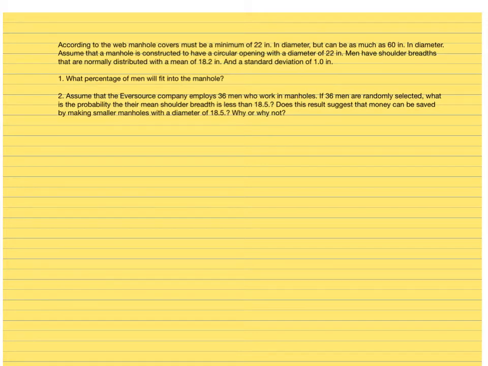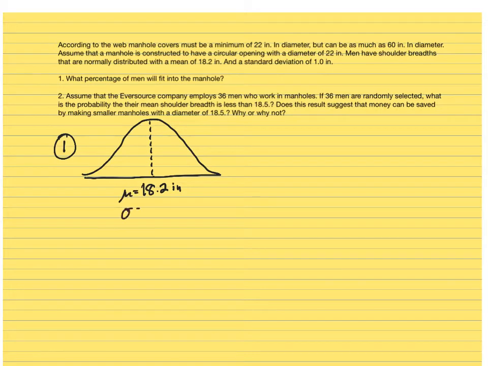So let's do problem one first. The idea is this: shoulder widths are normally distributed with a mean of 18.2, and the standard deviation is 1.0 inches.